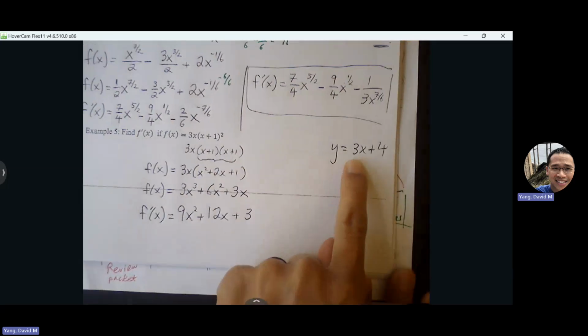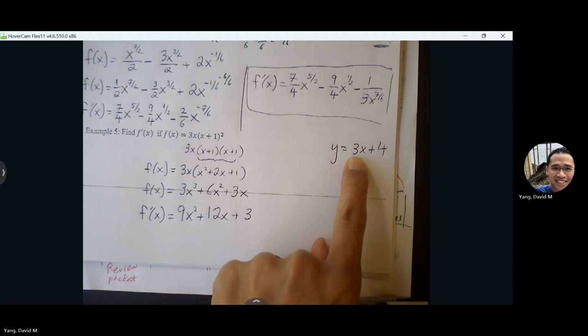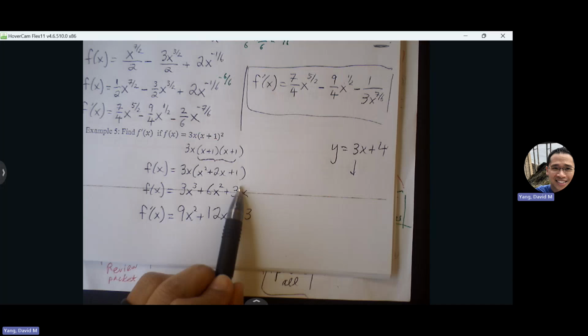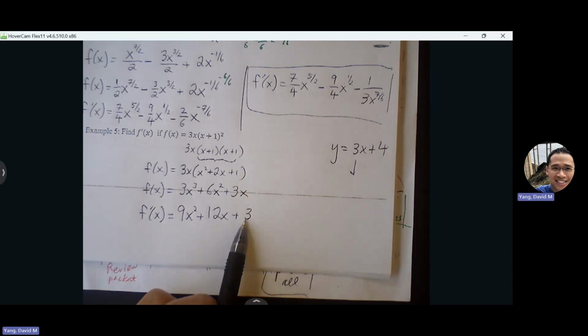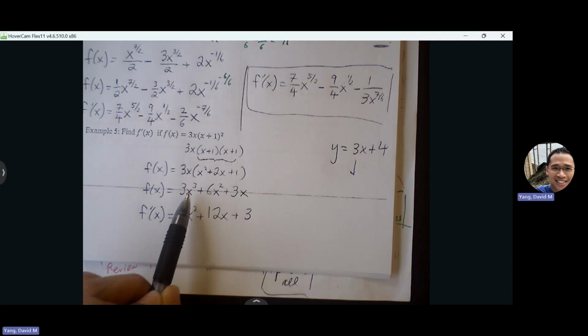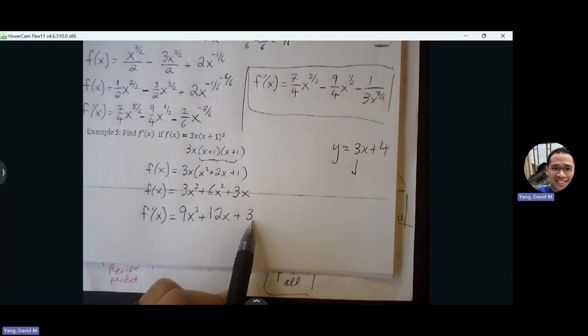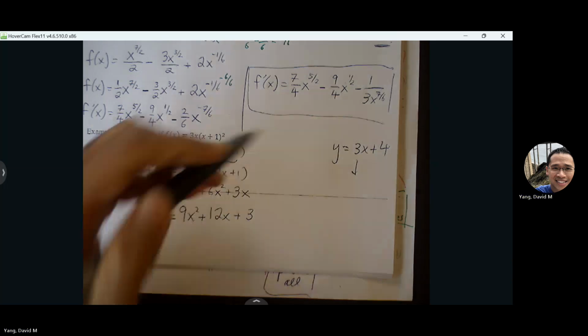If I gave you y is equal to 3x plus 4, what would you say the slope of this line is? 3, right? And so if anything is at degree 1, it'll just turn into a constant. And look, if you go through power rule, every degree falls by 1, right? 3 goes to a 2, 2 goes to a 1, degree 1 drops out. I'm just left with that coefficient.